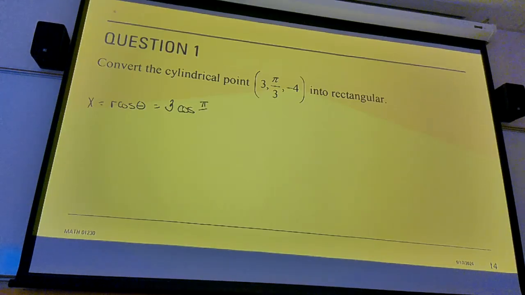Okay, quick pop quiz. Yes, I'm evil. So y is r sine of theta, right? What is sine of pi over 3?